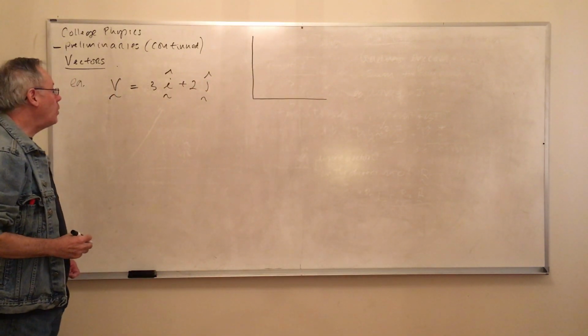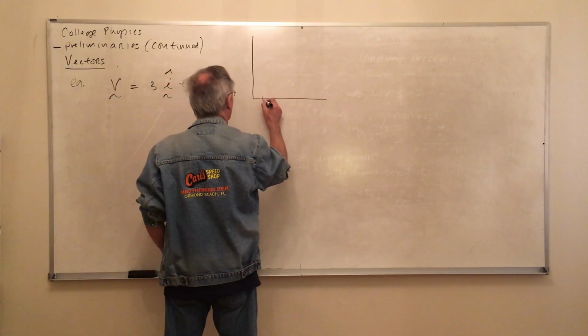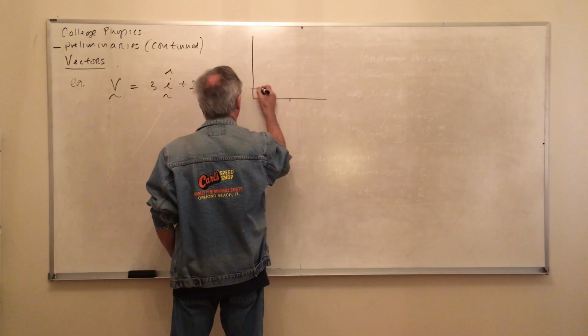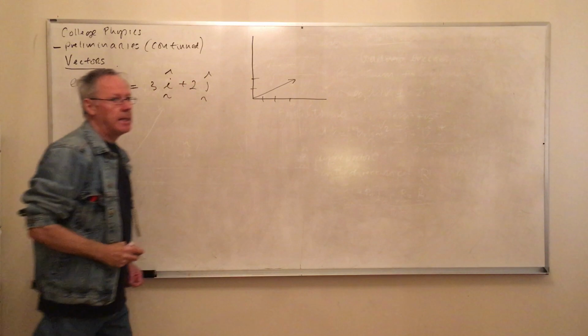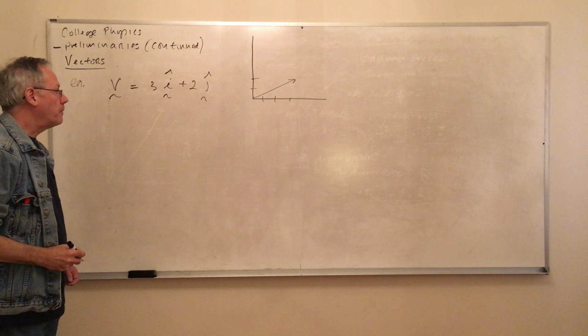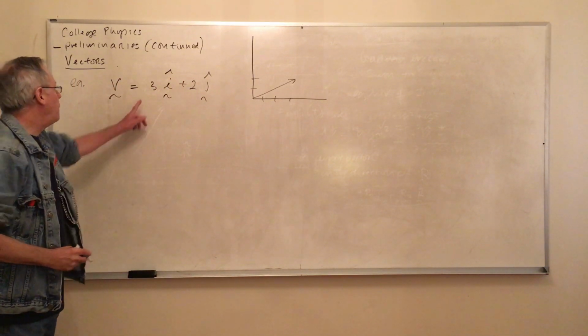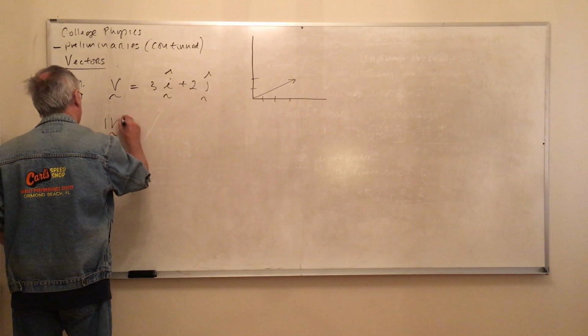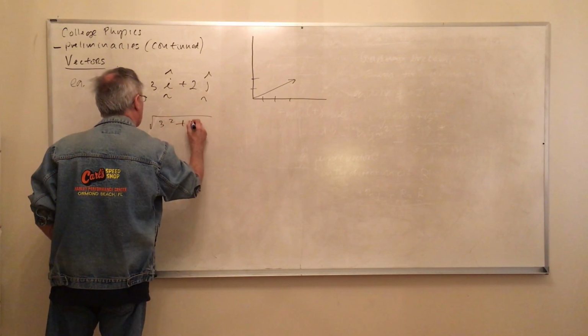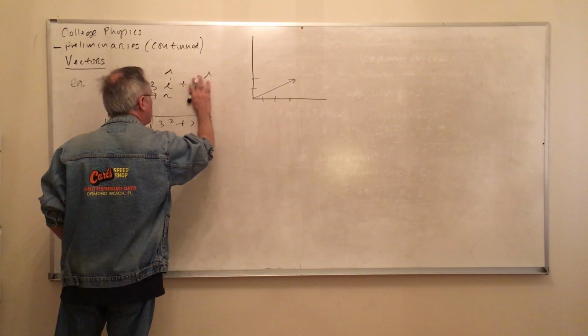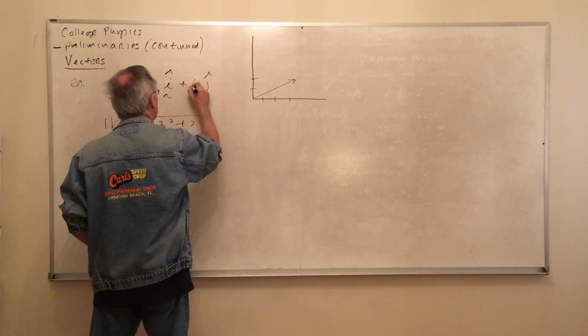The last day I steered away from arrows. So we will say it's a little arrow today with length and direction. Now the magnitude of this vector is going to be 4. I'm going to change this to 4.